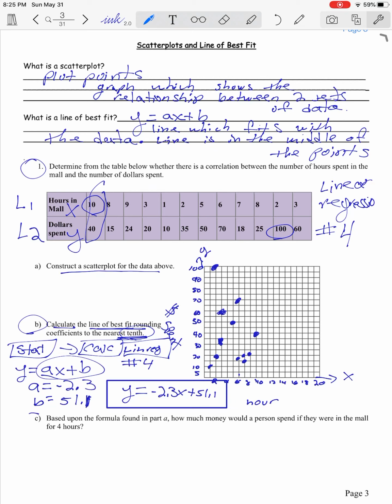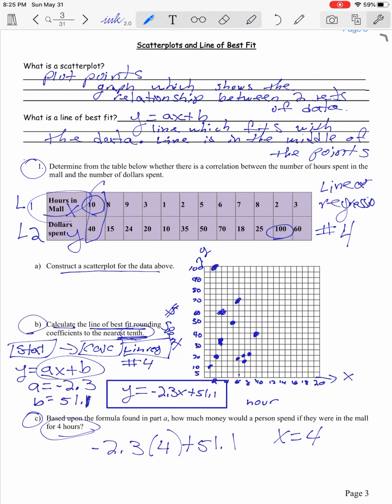And then C says, based upon the formula found in Part A, how much money would a person spend if they were in the mall for 4 hours? I know hours, here it is. Hours is X, so X is 4. You go to your regular calculator and you plug it in. So you have negative 2.3 times 4 plus 51.1.